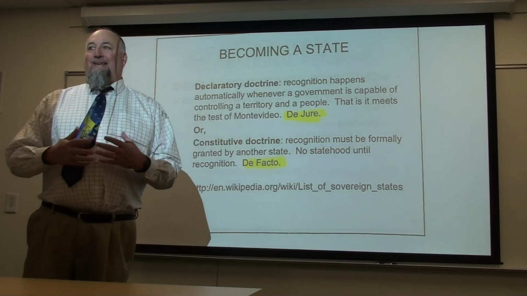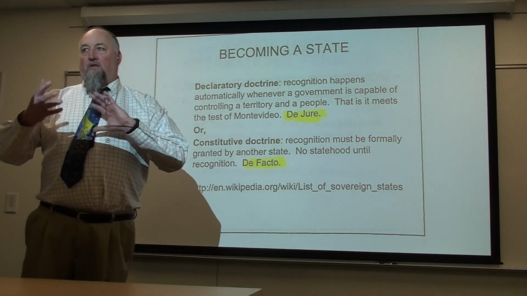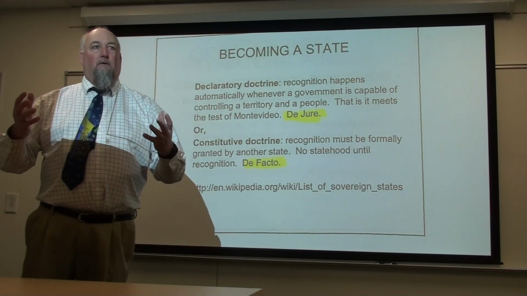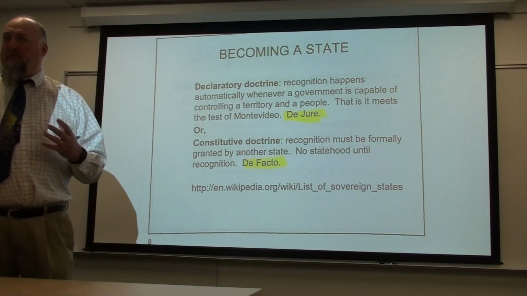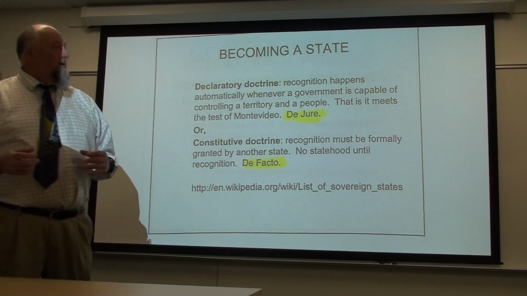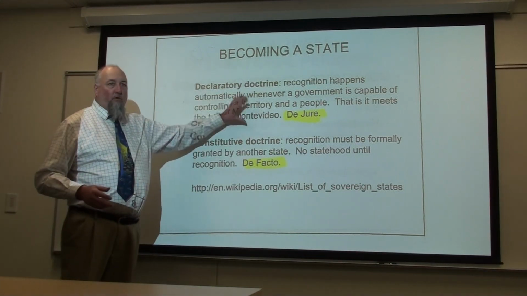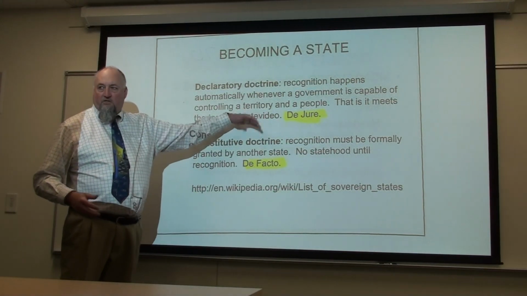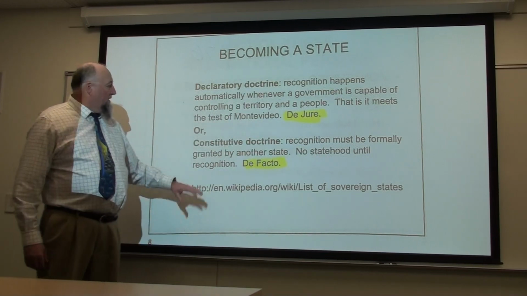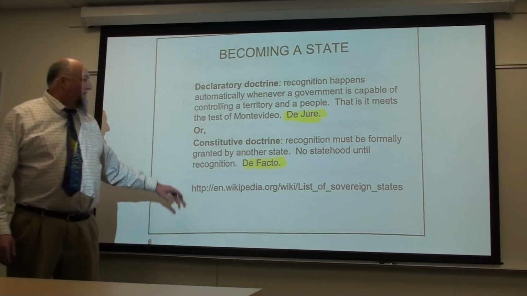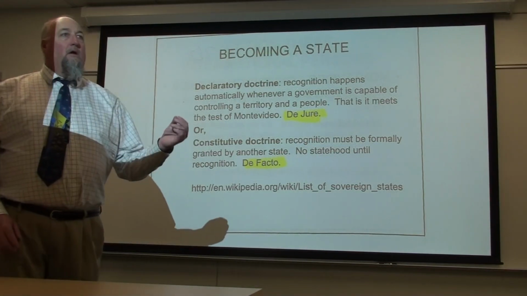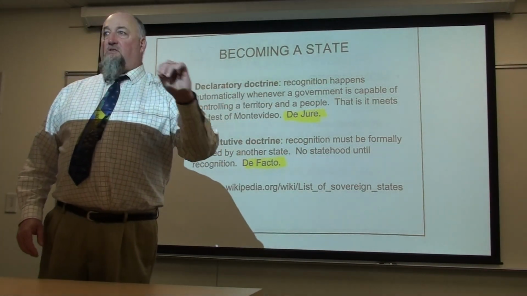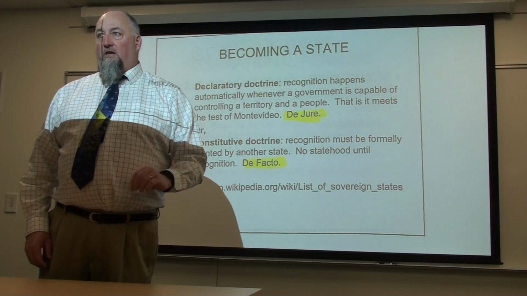So there's always this idea of overriding everything, the reality of what actually happens, conduct. This is sort of a form of customary law. So de jure means you meet the four-part strict on-paper test, but de facto means you really are not truly a state until other states acknowledge you and treat you as such.